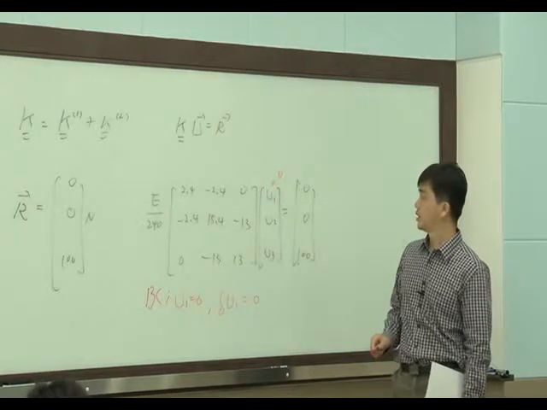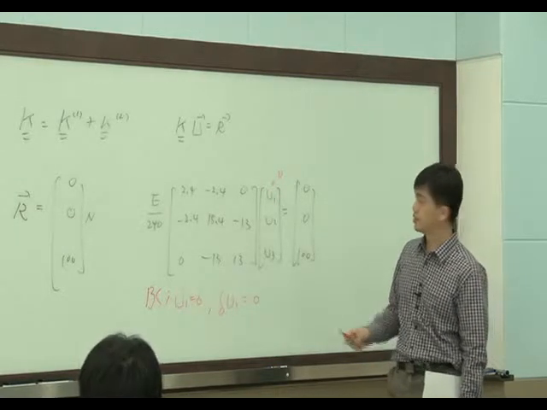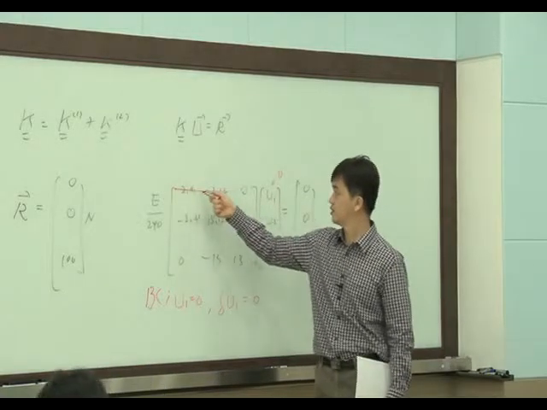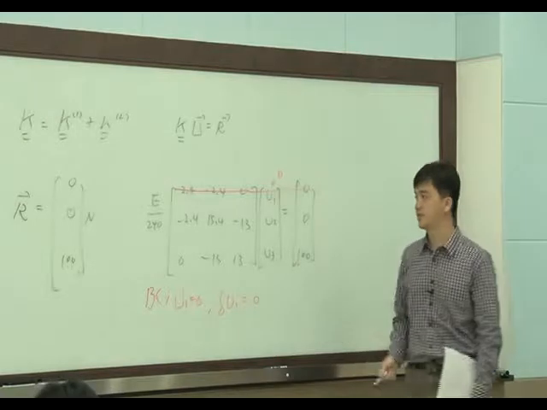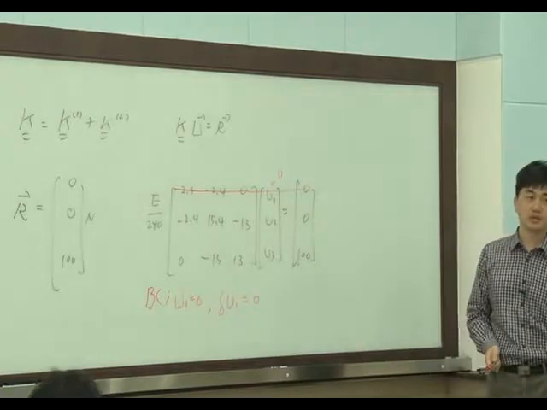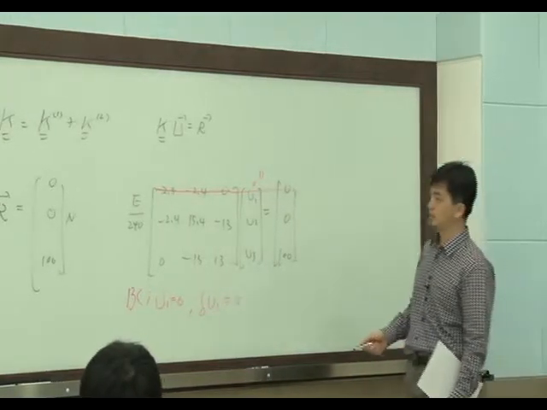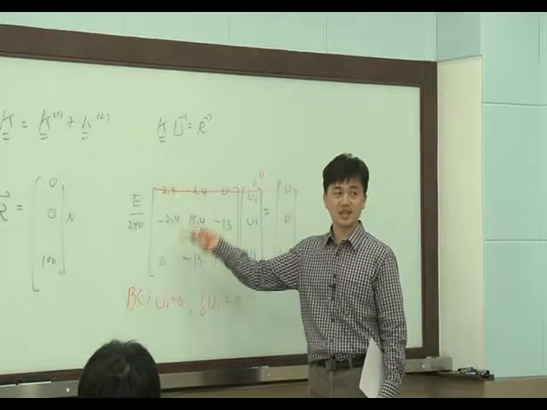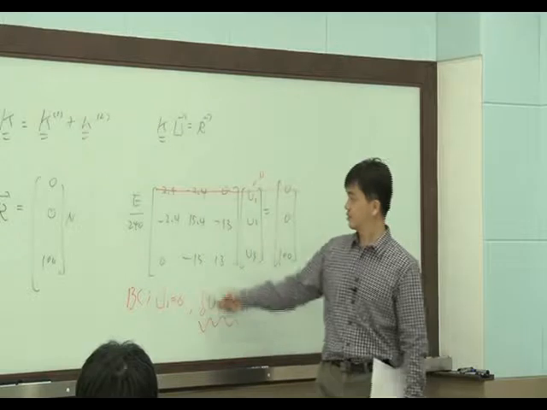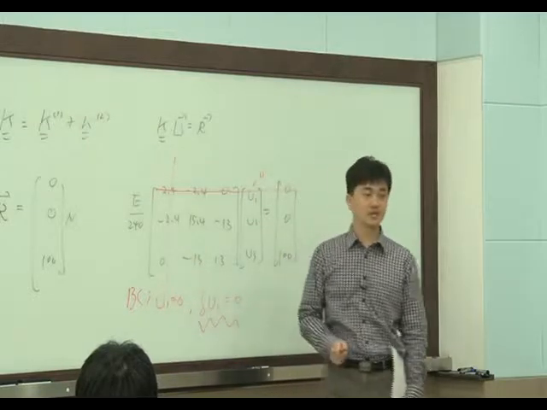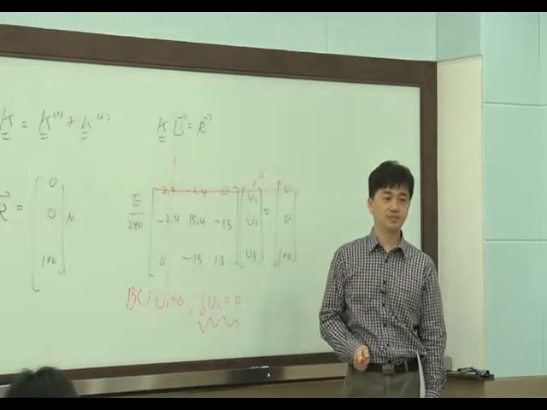So it means we don't need to use the first equation here. Okay? U1 equals 0. Okay, then we have a matrix. This is not a square matrix. This condition gives us deleting the column.